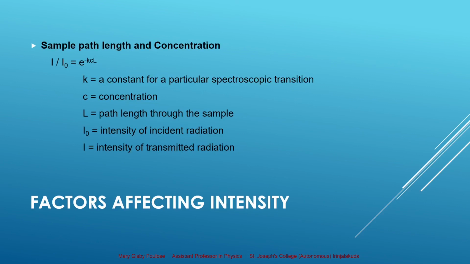Now, the next factor affecting the intensity of that spectral line is the length of the sample and the concentration of the sample. We have the relation I by I naught equals exponential of minus KCL, where K is a constant for a particular spectroscopic transition, C is the concentration, L is the path length through the sample, I naught is the intensity of the incident radiation, and I is the intensity of transmitted radiation.